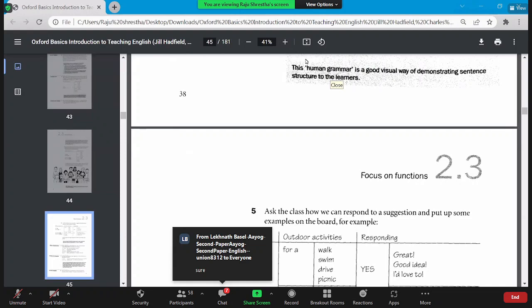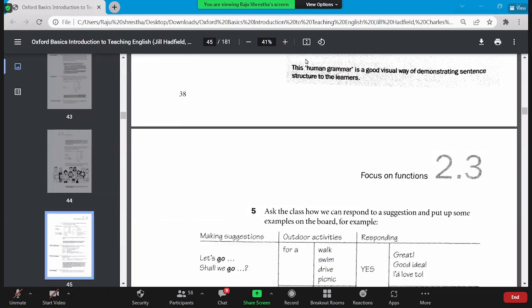Not only always games, not only always explanation, not only always communicative activities, creating situations, this and that. So this kind of variety of activities creates interest and motivates students to engage.